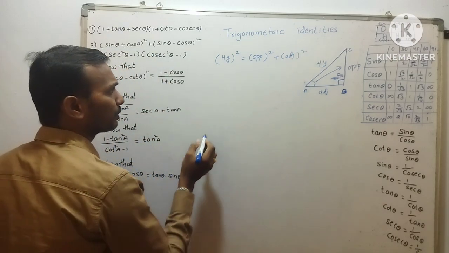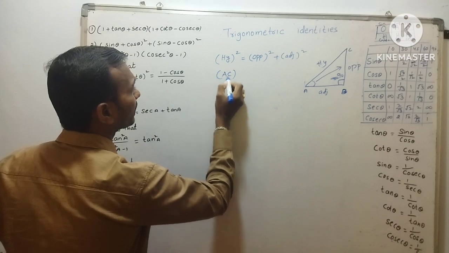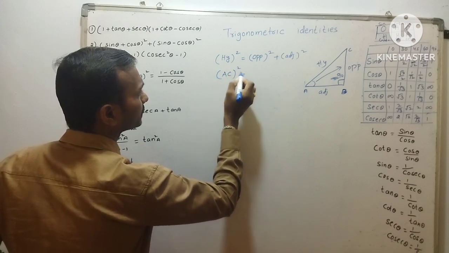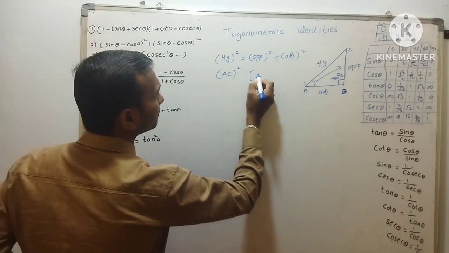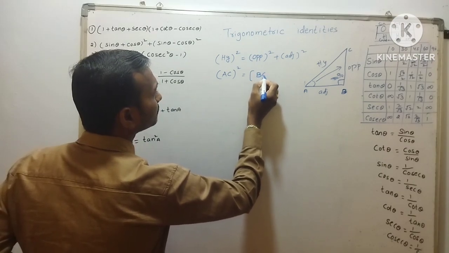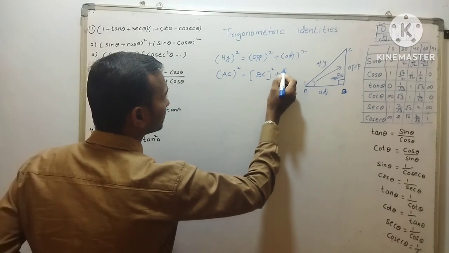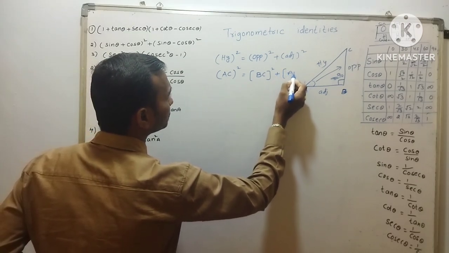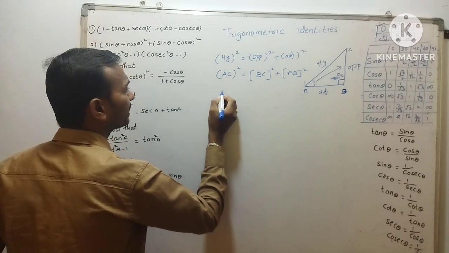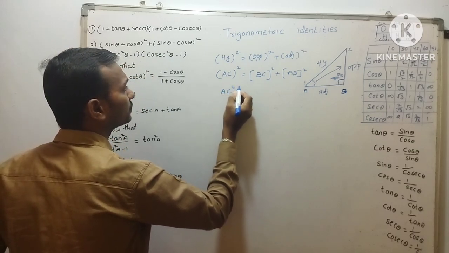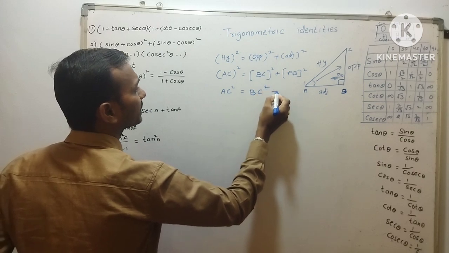So hypotenuse is nothing but AC square, that is equal to opposite, which is BC square, plus adjacent, which is AB square. So you will get AC square is equal to BC square plus AB square.